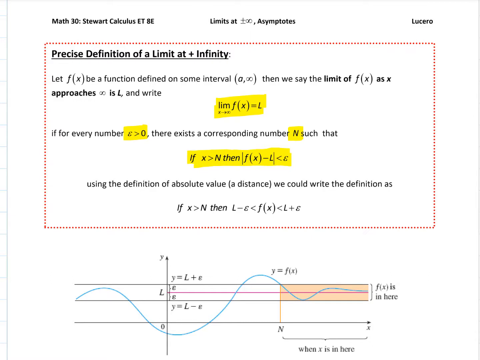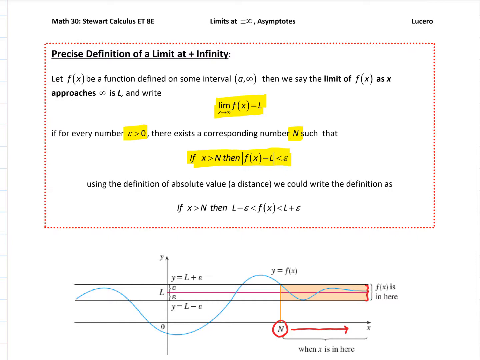So here's our n on a graph, and if we have a limit, meaning a horizontal asymptote as x approaches infinity, the function gets infinitely close to this value L as x grows without bound. What that means is, given any epsilon, you can find a value n so that as long as your x's are to the right, bigger than n, then your f(x)'s will be in the appropriate neighborhood.